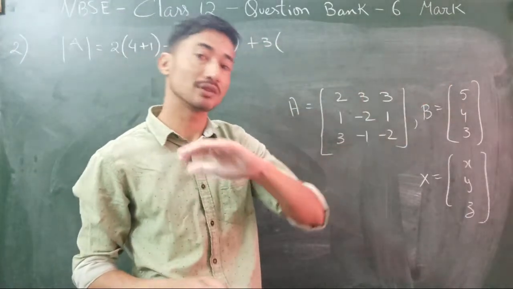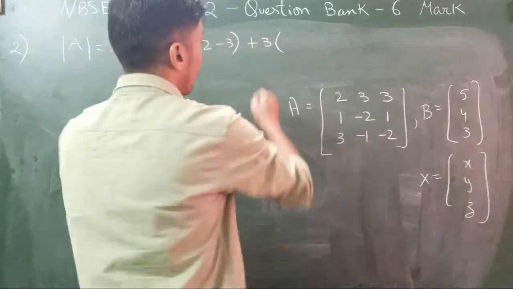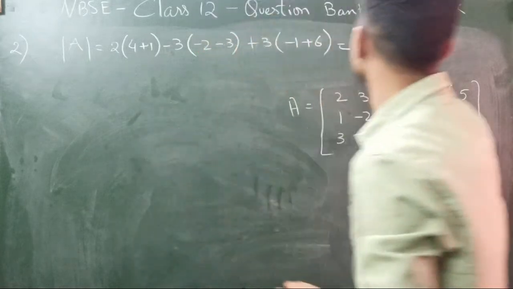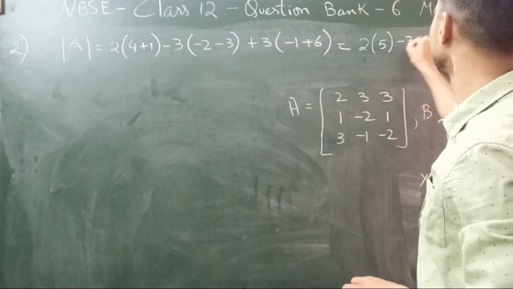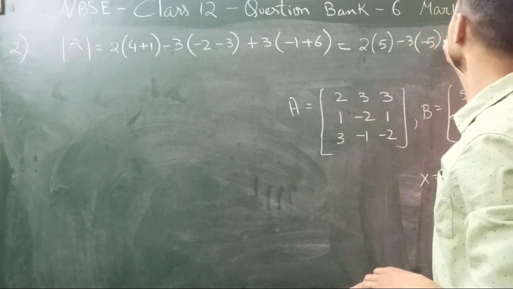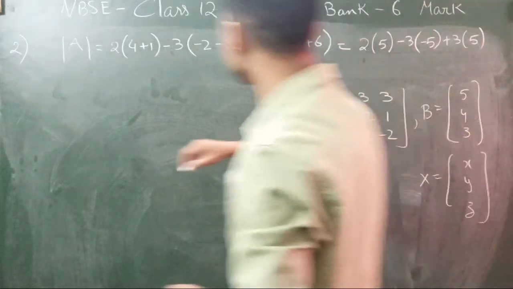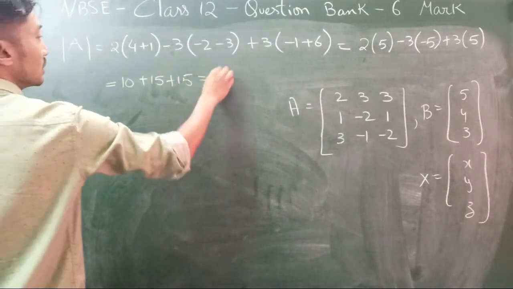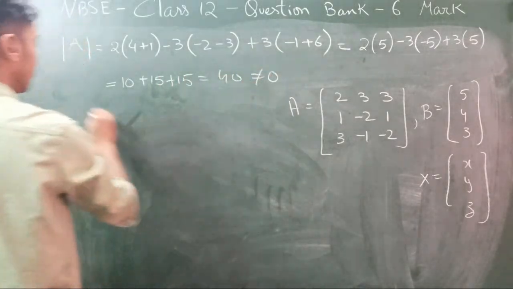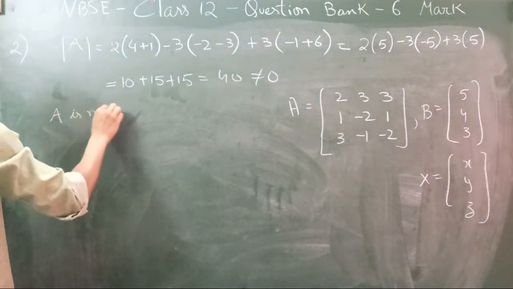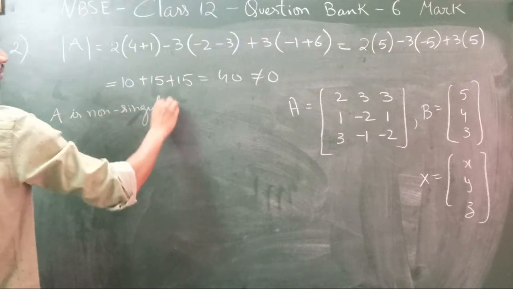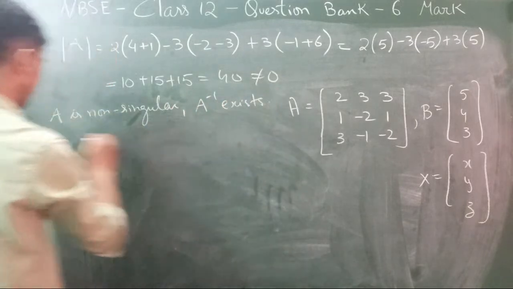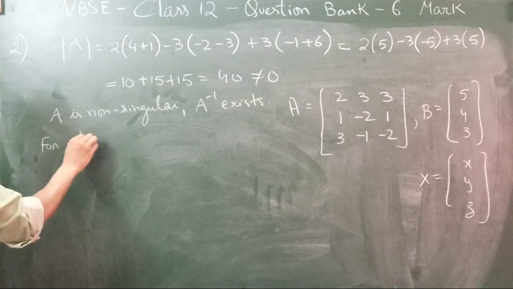Same in vectors also, so that there is no confusion. So this value is 2 into 5 minus 3 into minus 5 plus 3 into 5. So that will be 10 plus 15 plus 15, so that's 40, which is not equal to 0. So that means A is non-singular. So A inverse exists.